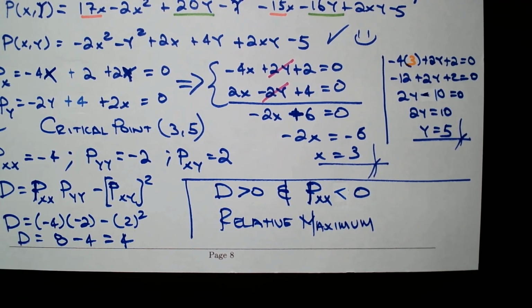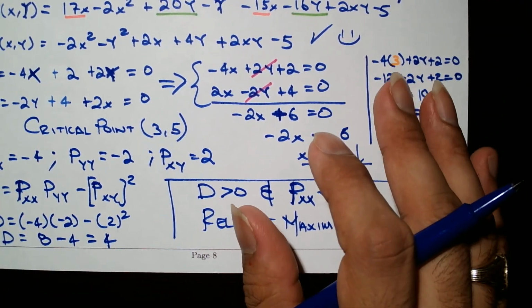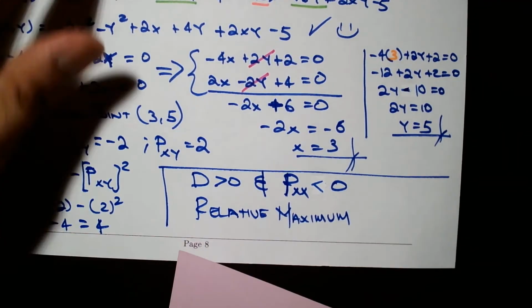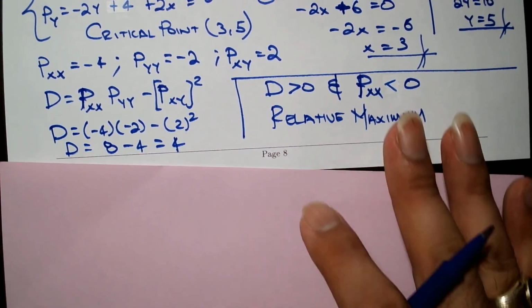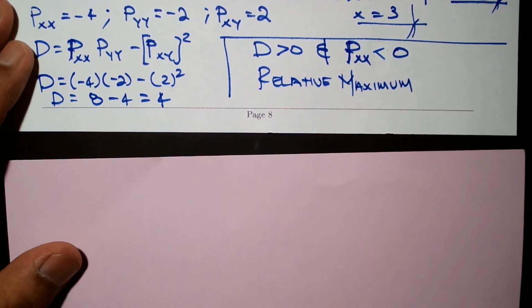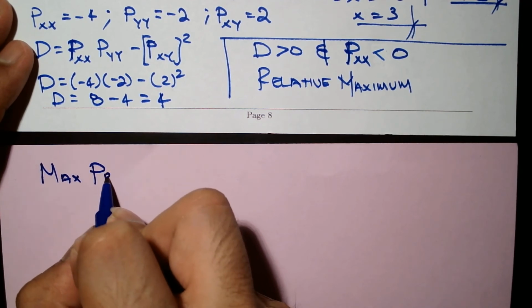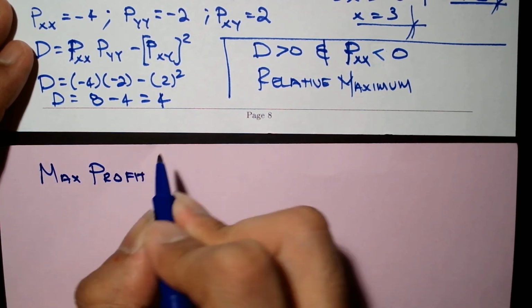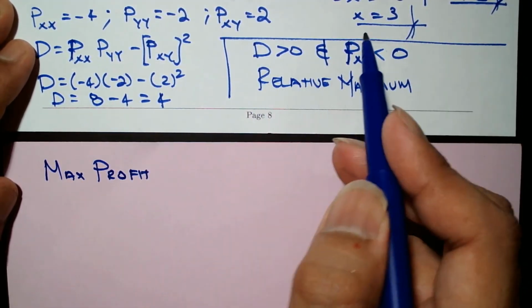Alright, now we need to find that maximum profit. To find the maximum profit, let me actually use a separate piece of paper here. You might want to use the back side of your page in case you printed these PDF files.